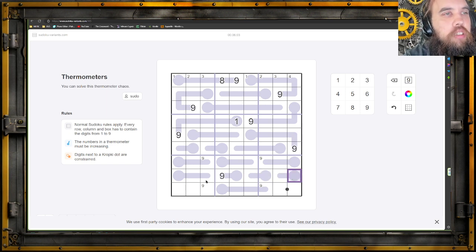Doesn't give me a lot. 7, 6, 5 is the biggest number this could be. 8, 7, 6, 5, 4, 3 is the biggest number this one can be. Again, the biggest number this one can be because there's already a 9 is 8. So it's 7, 6, 5, 4, 3. So this is a 3, 2, or 1.